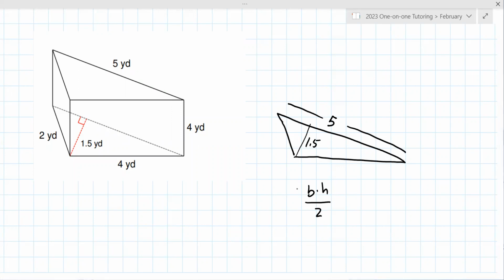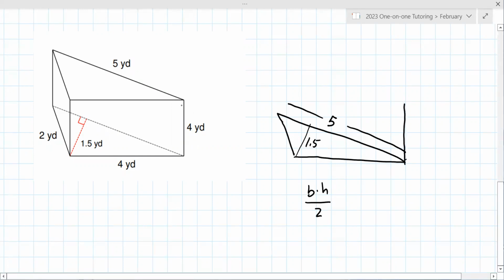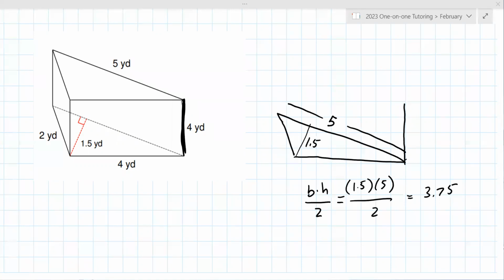And then you multiply that. Notice this one's extended up by the... Oh, so then I multiply that by 4. Yes. So then I do 3.75 times 4. That's right.